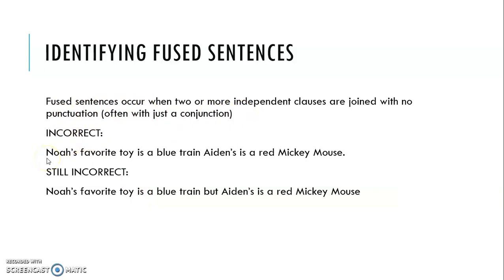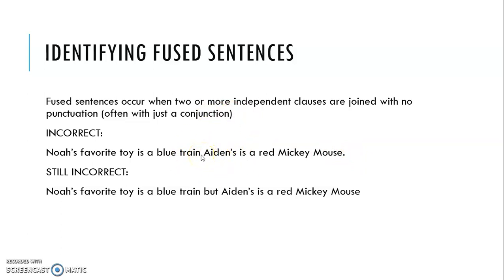So here we've got: Noah's favorite toy is a blue train, Aiden's is a red Mickey Mouse. You see that Noah's favorite toy is a blue train would certainly be its own sentence, and so would Aiden's is a red Mickey Mouse. We've got nothing joining it here.